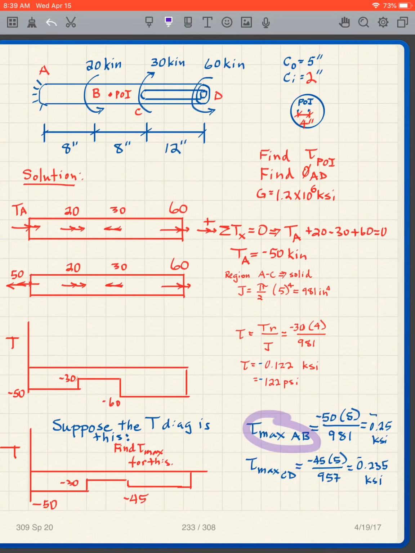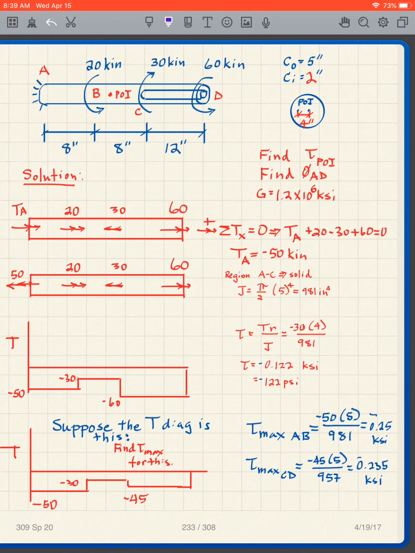That's for AB. In CD, I have the negative 45, I'm going to have the 5, and the J in that region is only 957, so I get this number. So I have to compare those two numbers. I don't know which one is most critical until I put the numbers on it. I compare them, and I get that tau max is in the AB region.